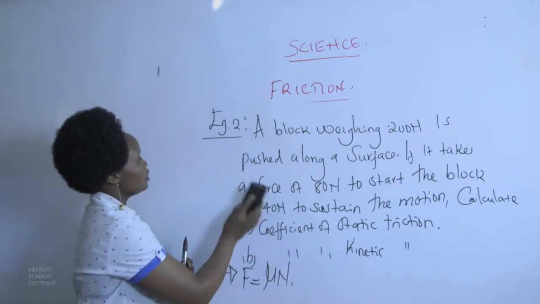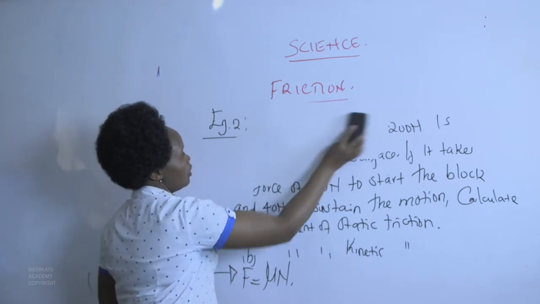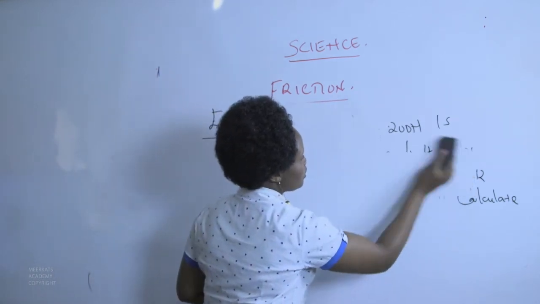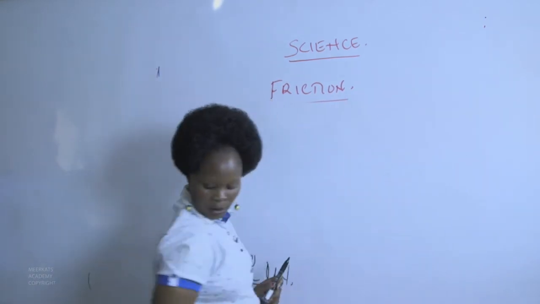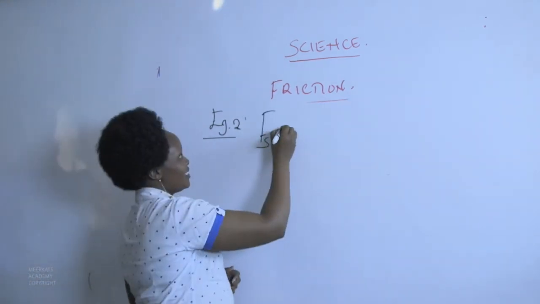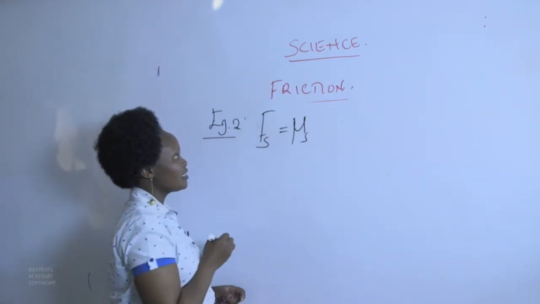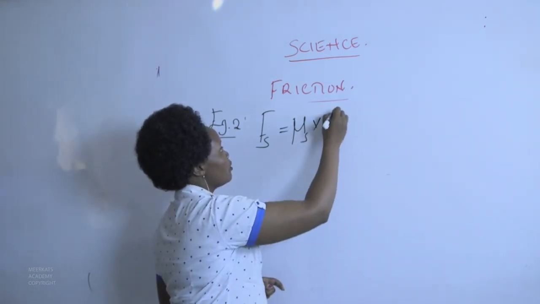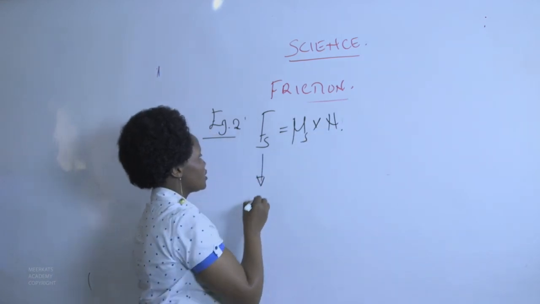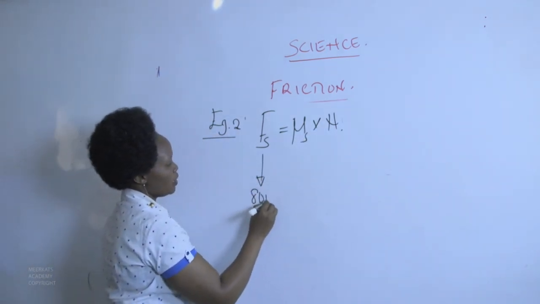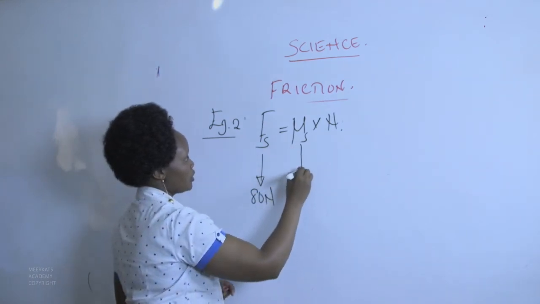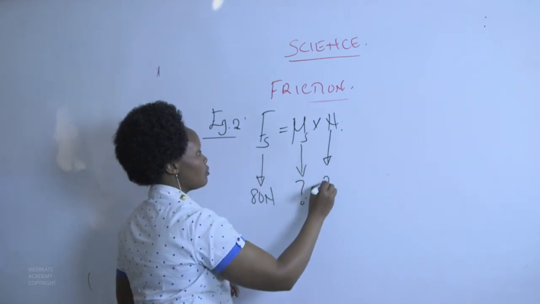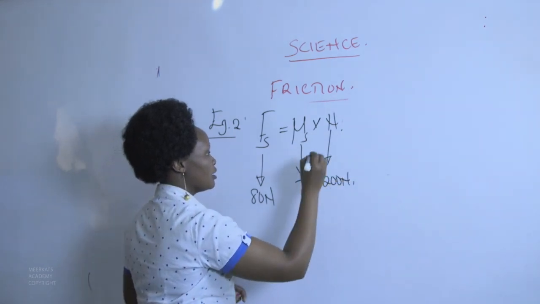Depending on which kind of friction we are after, that will determine the coefficient we are supposed to apply. In this case, static friction is given by 80 newtons. The coefficient is what we are looking for, and the normal is 200 newtons.